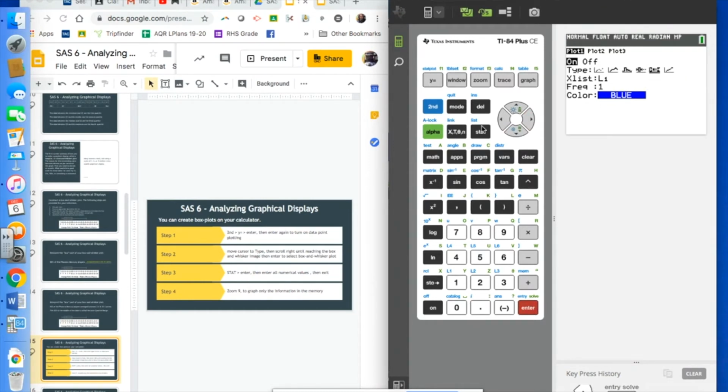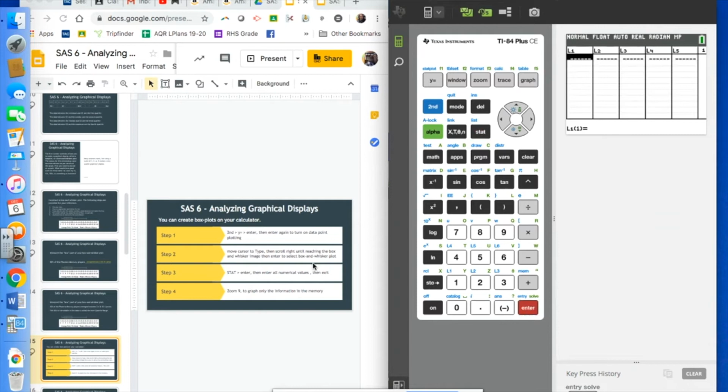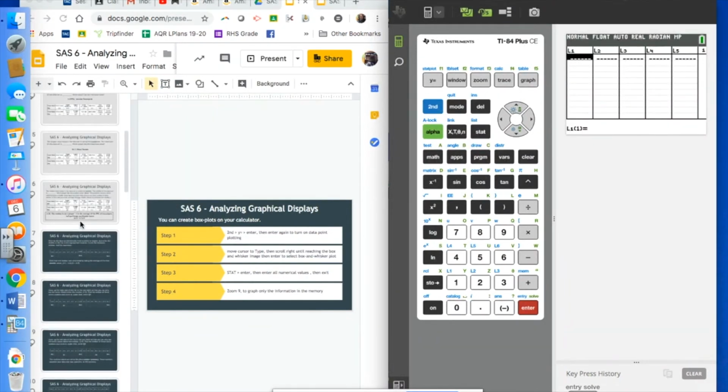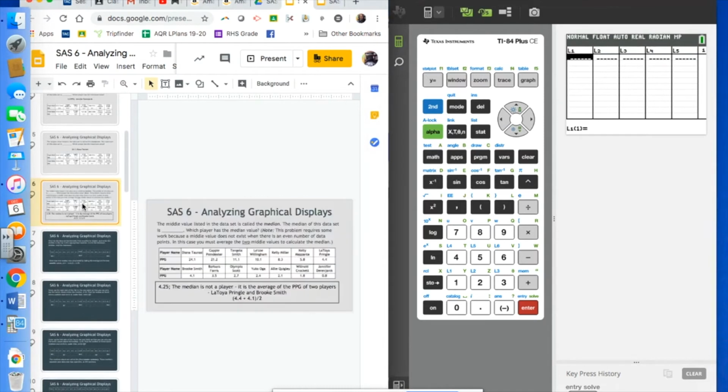Then I'm going to go stat and enter, and then I'm going to enter the values that are in all of the data set. So I'm going to go back here and look at my data value set, which is right here. And I'm going to put those values into L1.